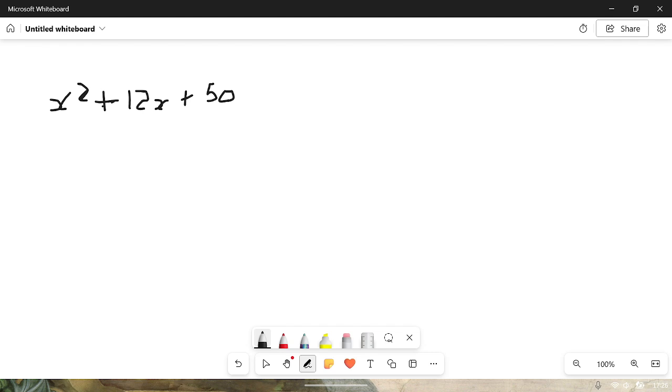Now in this example we've got the coefficient of x squared equal to 1. Now it can be equal to 2, it can be equal to any value. However, for the completing the square method we have to have it equal to 1. So if it was 2x squared, you'd have to factorise out the 2 in order to complete the square.